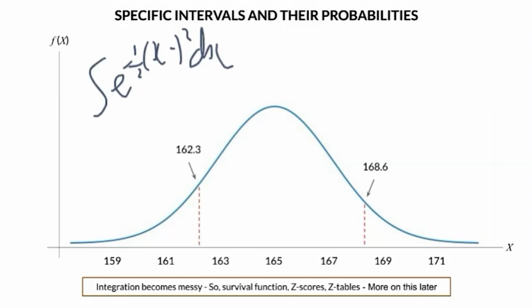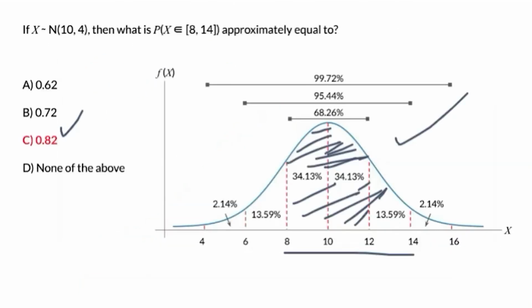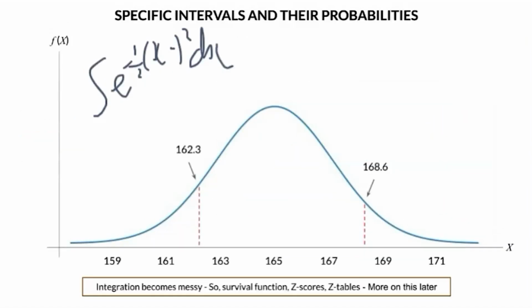In fact, if you just Google normal distribution, go to Google Images, you will get the same numbers: 34, 13.5, 2, 95, 99.7. These are all pre-calculated, and we agree that this integration becomes very messy.